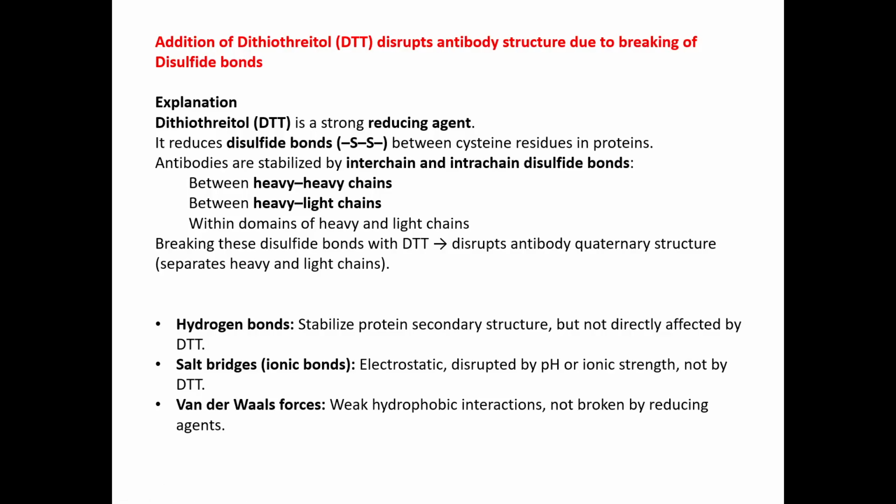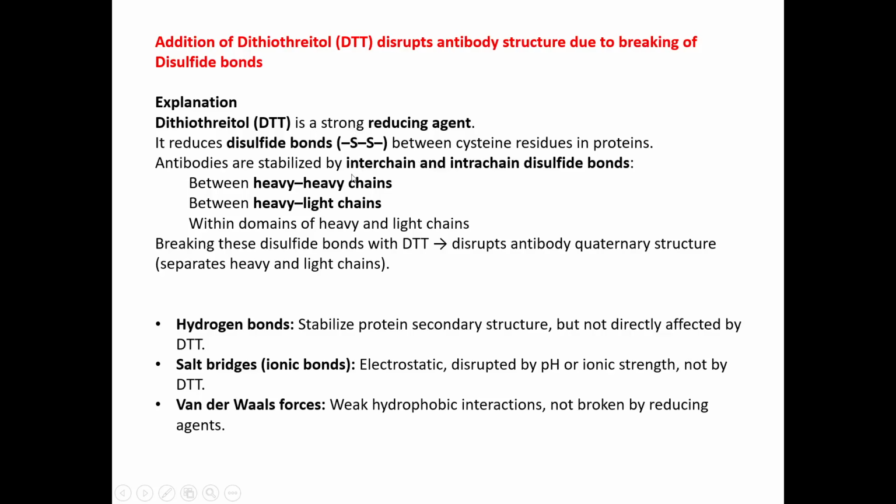So DTT is a strong reducing agent and it reduces the disulfide bonds between cysteine residues in proteins. Antibodies are stabilized by interchain and intrachain disulfide bonds. If you remember the antibody structure, it is like a Y, and then you have the light chains and the heavy chains. These are bridged by disulfide bonds.